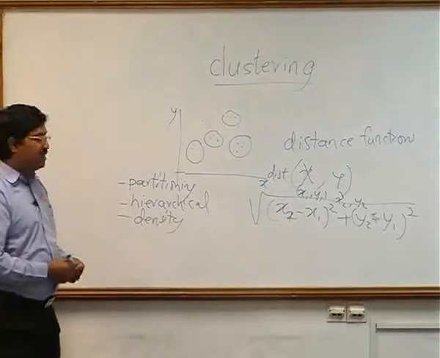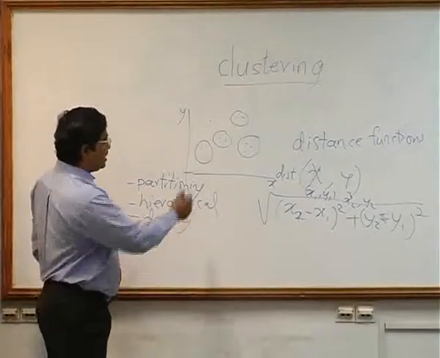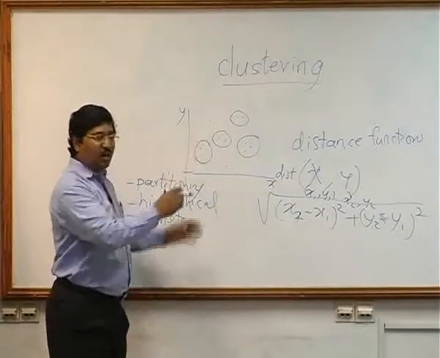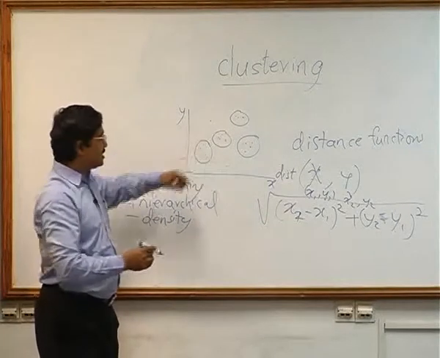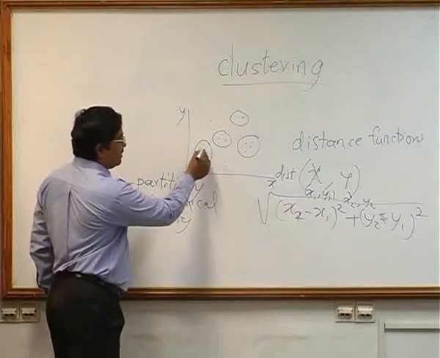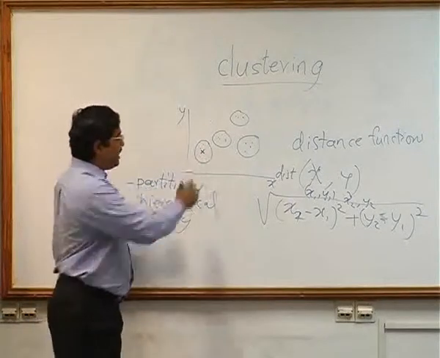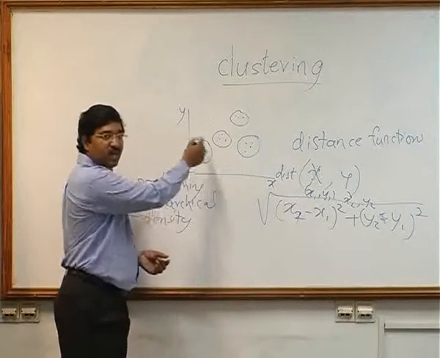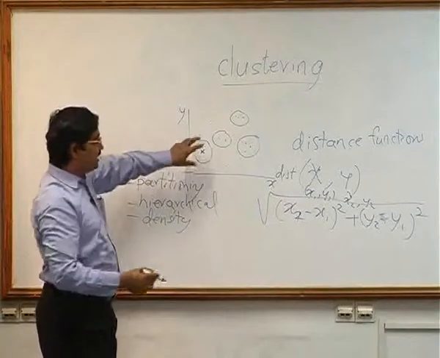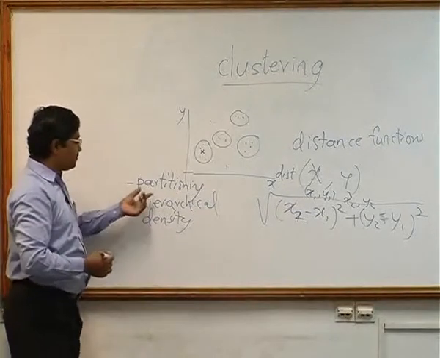These are the major kinds. Partitioning will come up with spherical or nearly spherical shaped clusters, because there is a centroid or a center of the cluster, and things which are nearby that centroid are grouped as one cluster.